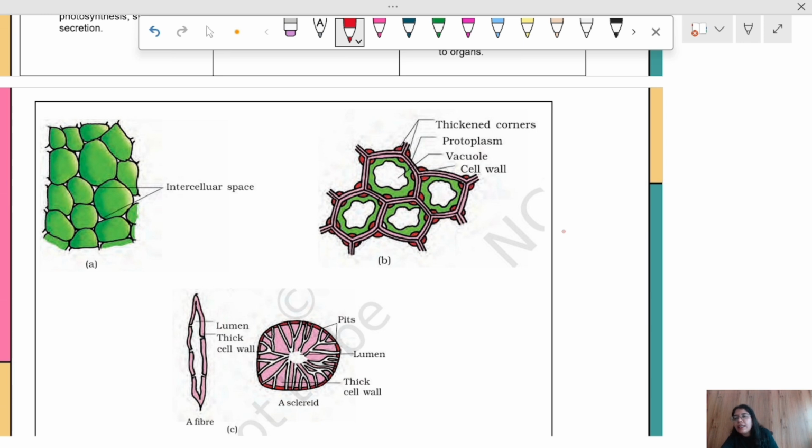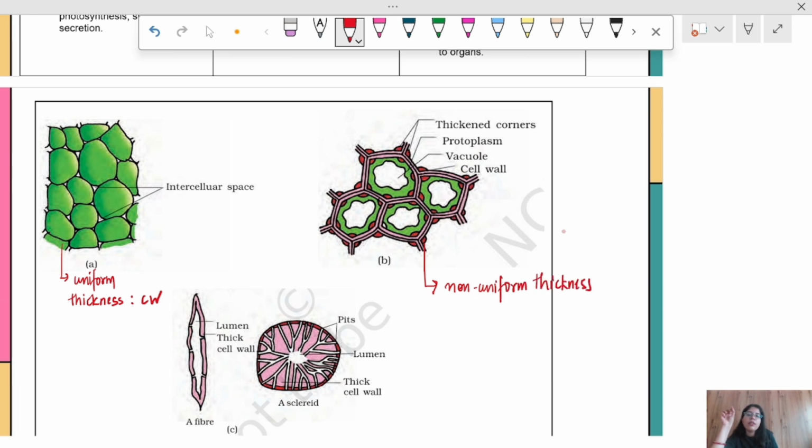Here you can see that the cell wall has uniform thickness. Everywhere a similar amount of cellulose is deposited. But here, can you see uniform thickness? No, this is non-uniform thickness.